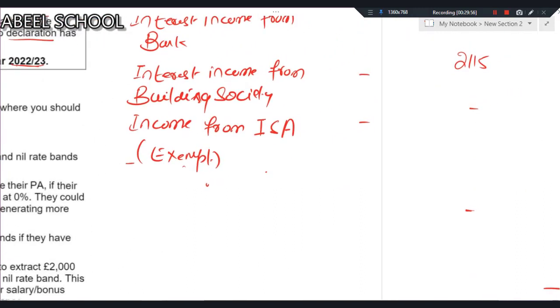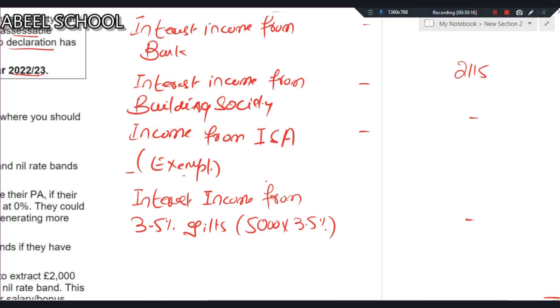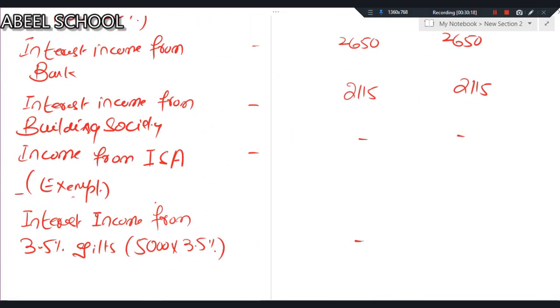So interest income from 3.5% gilts. Simply, if you take 3.5% of 5,000, it is 175. That is also the saving income, 175. That's it. No more incomes.